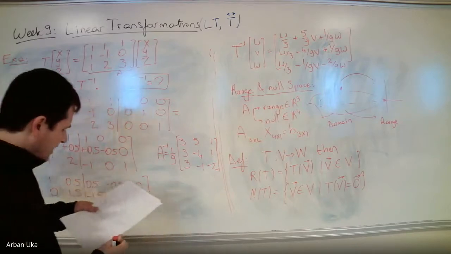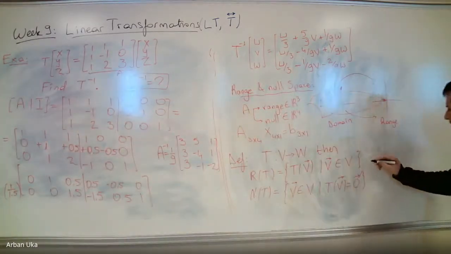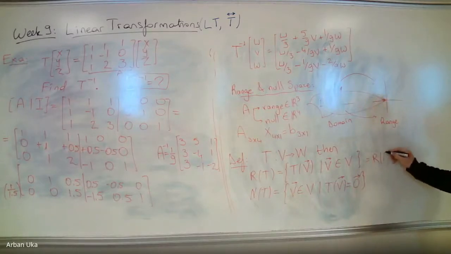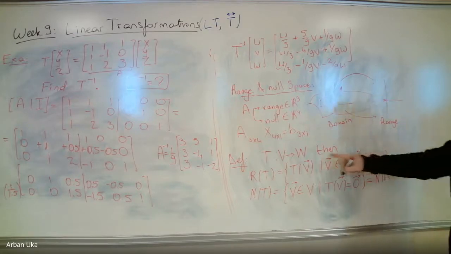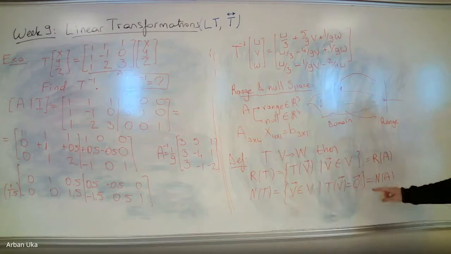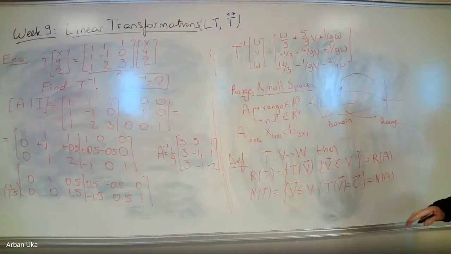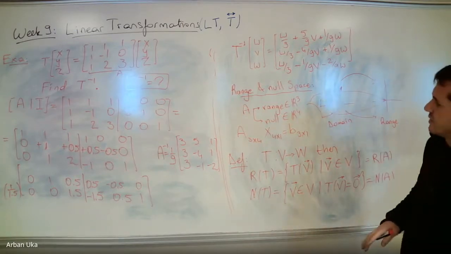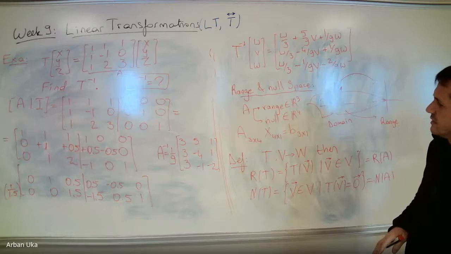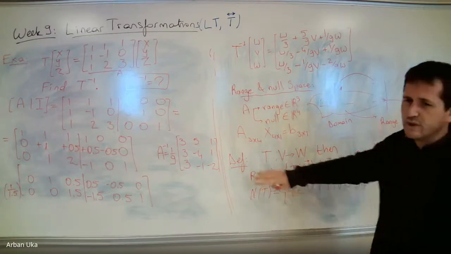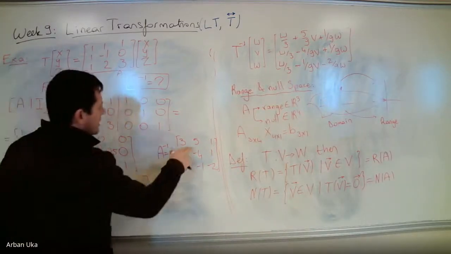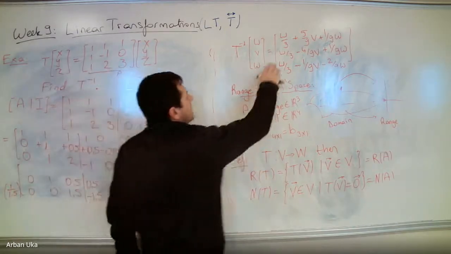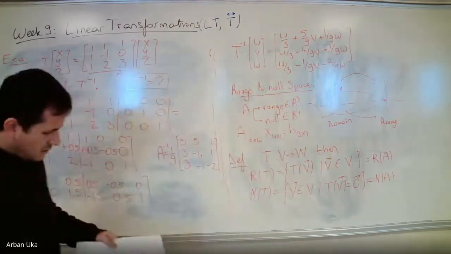But what we can say is that the range of the linear transformation T would be equal to the range of the matrix A, which represents T. And the null space of the linear transformation is also equal to the null space of A. So, as a final reminder, just have a look for a moment at how the matrix A could be a well-structured matrix, while the linear transformation has elements only on the rows.